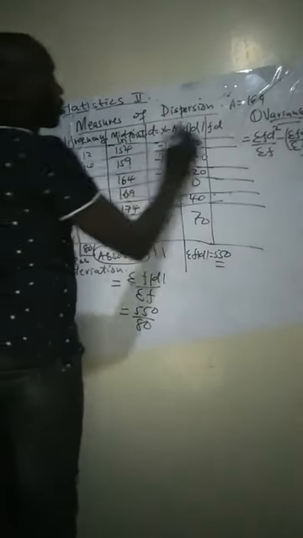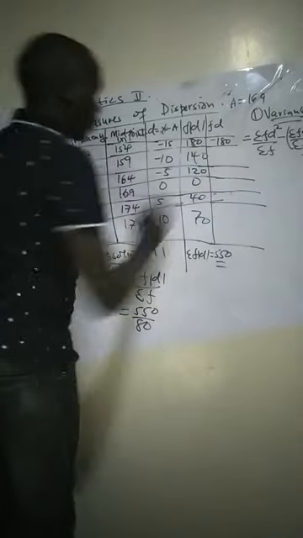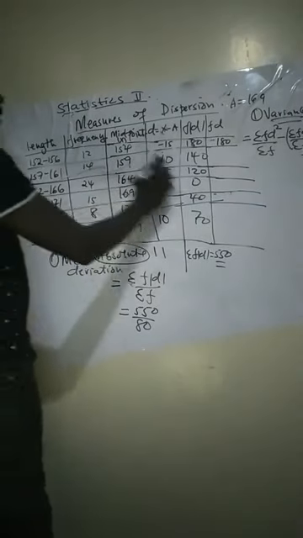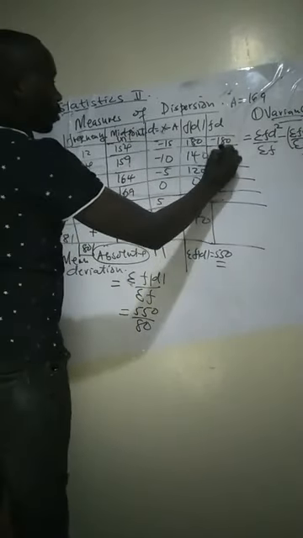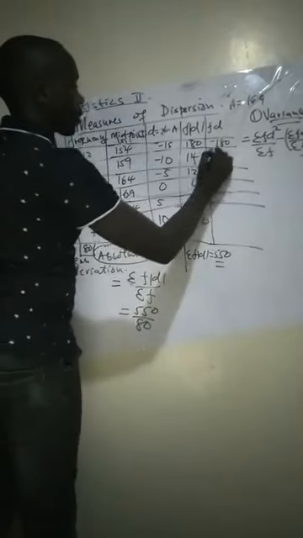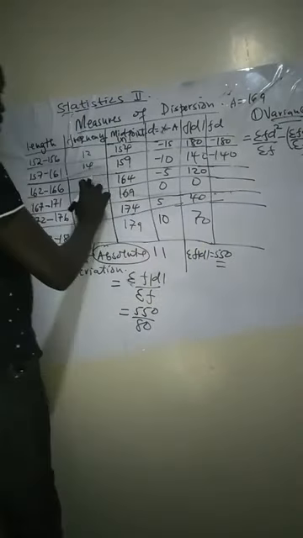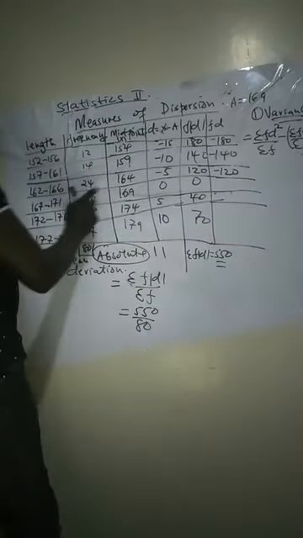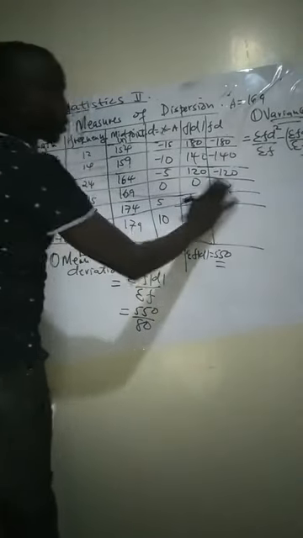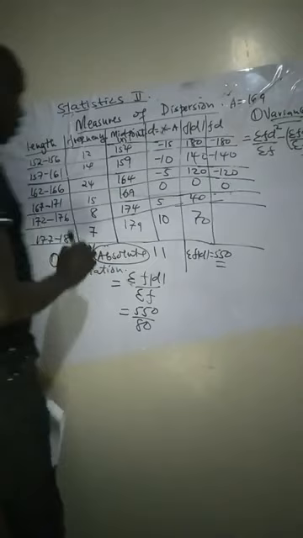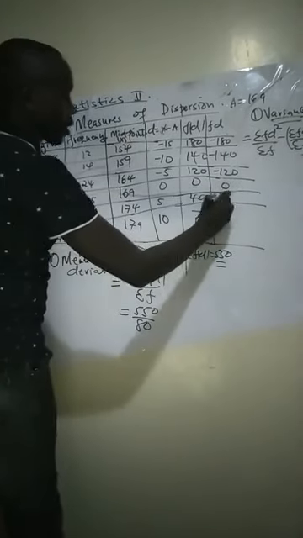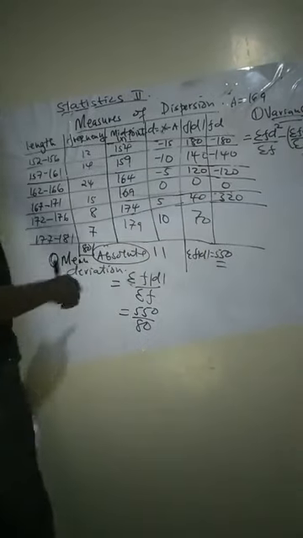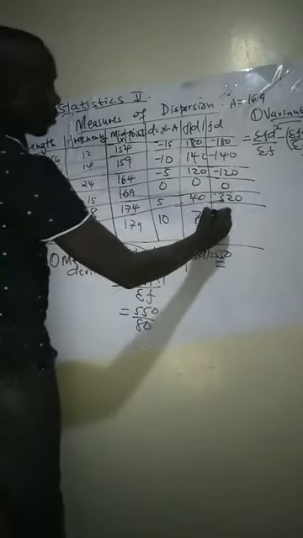So 12 times negative 15 is negative 180. 14 times negative 10 is negative 140. Here, this will be negative 120. These will still be 0. The next one will be 320. And lastly, that will be 400.